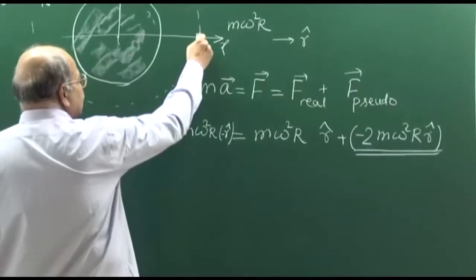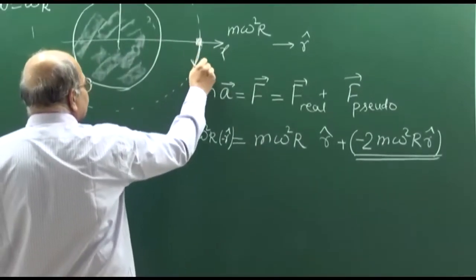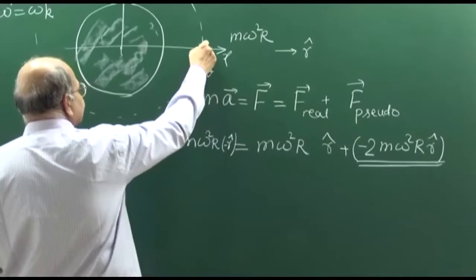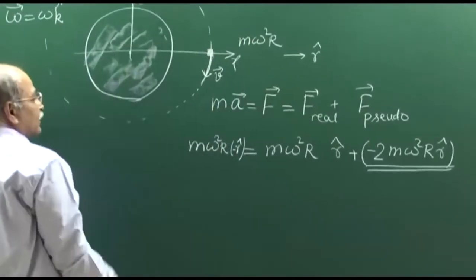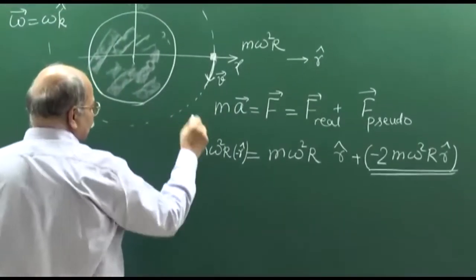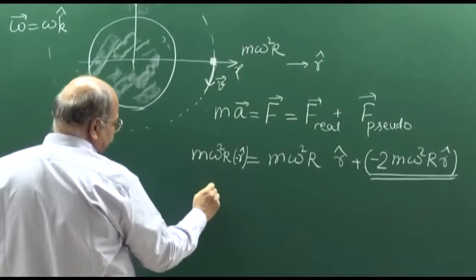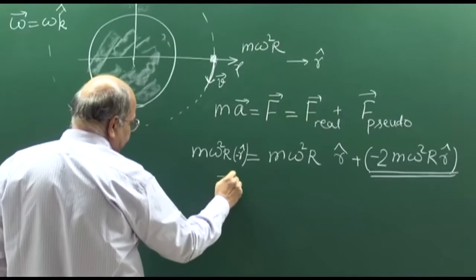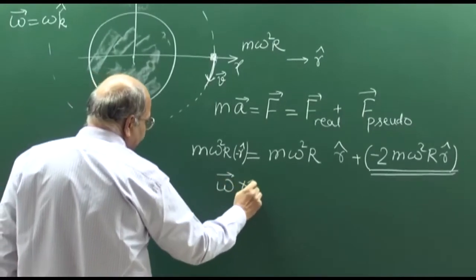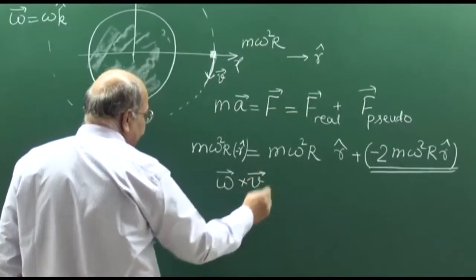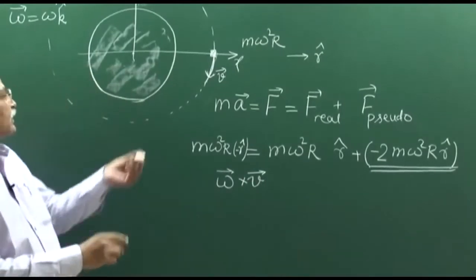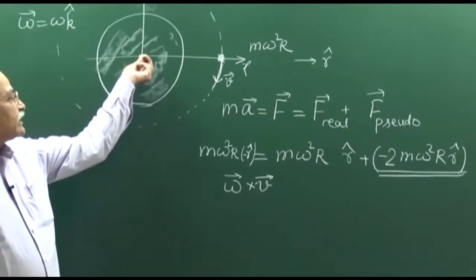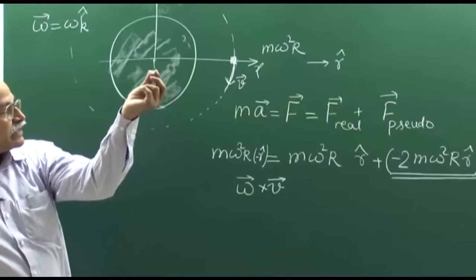If you see, the velocity is in this direction, this is the velocity at this instant, it is going in this circle. So, if I write what is omega cross v? Omega, remember, is in z direction.